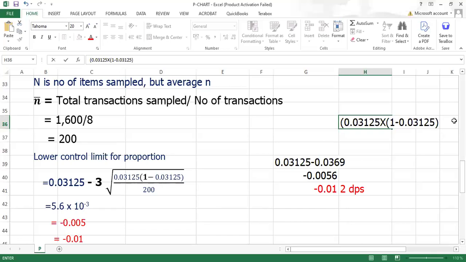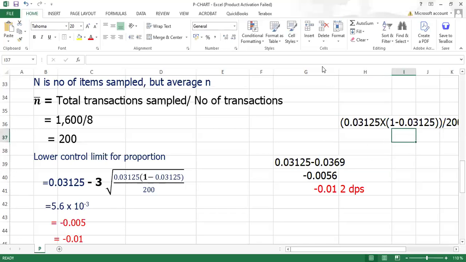Closing the first bracket, then close bracket again. Then on your calculator, divide by 200, then click on your equal sign.